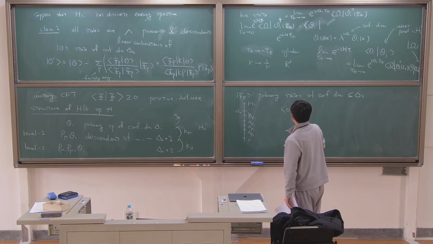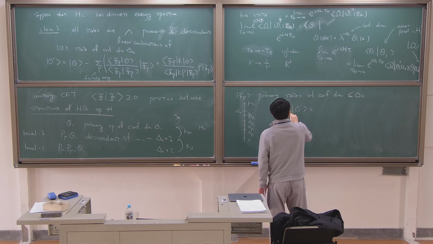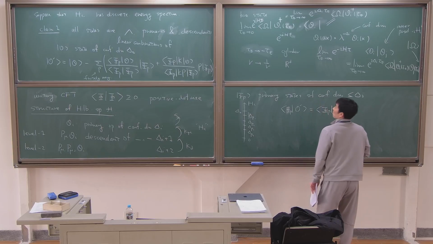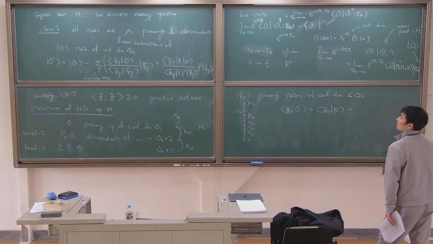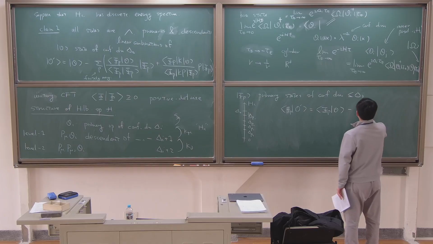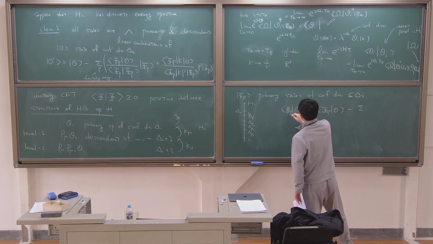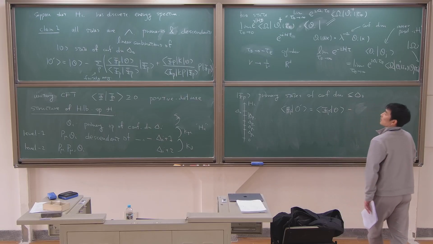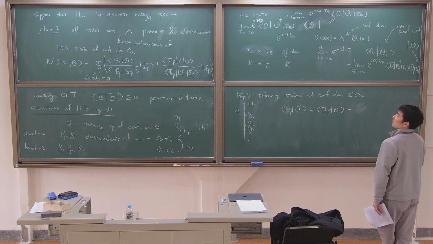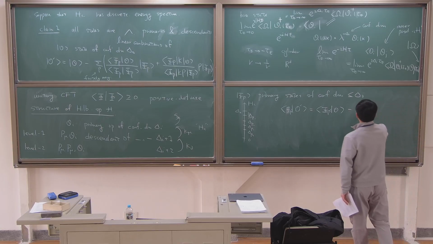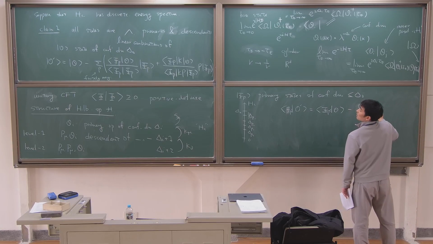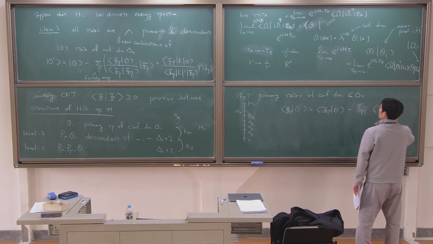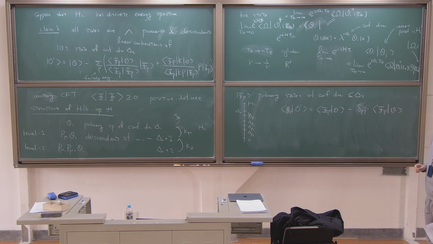Then let's consider O acting on O prime. Or maybe let's consider psi_P acting on O prime, which is O minus the sum over P prime. Then what we have is delta P prime psi_P. Is it okay?